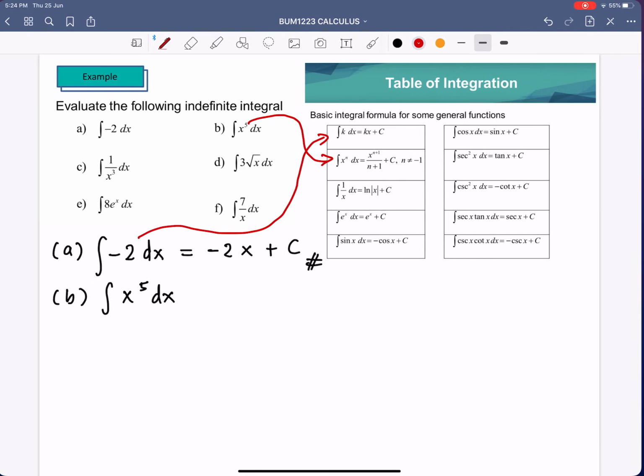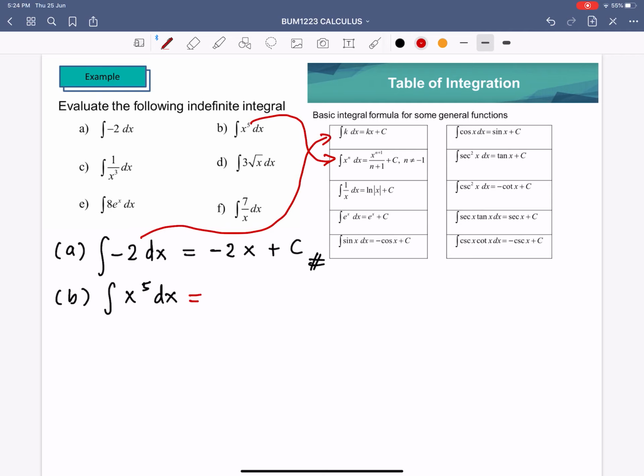Therefore, this equals x power of n plus 1, so 5 plus 1, over n plus 1, so over 5 plus 1, plus c, which is equal to x power of 6 over 6 plus c.